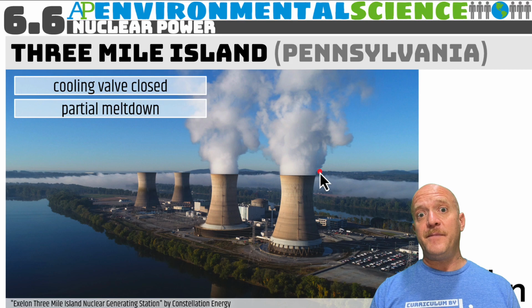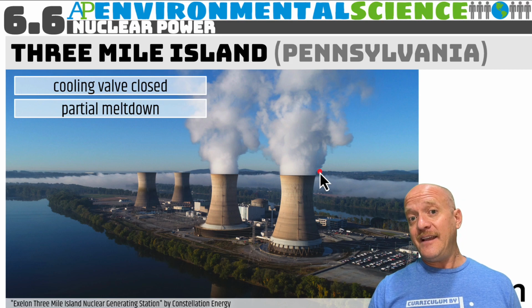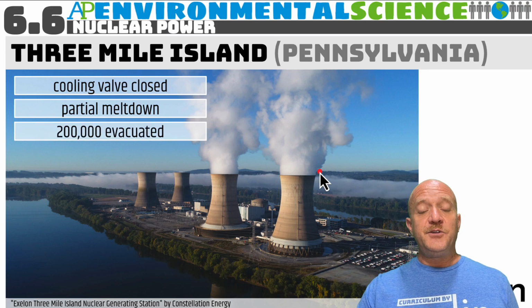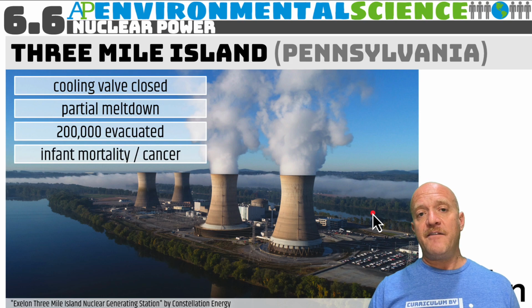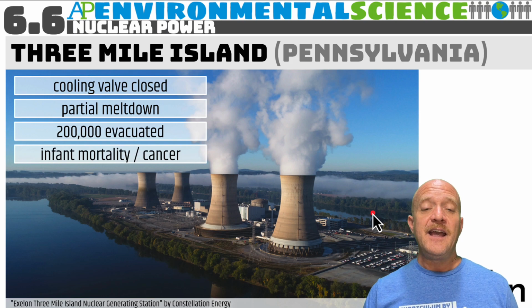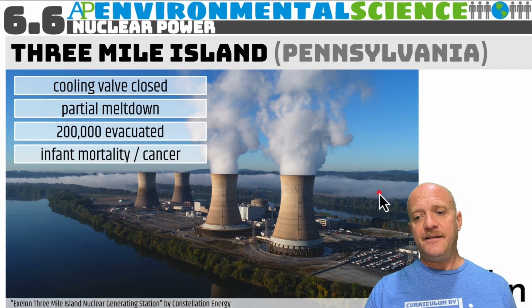So a complete meltdown would be like an explosion where radioactive particles are released into the environment. 200,000 people were evacuated from the vicinity, and there may have been higher rates of infant mortality and potential cancer rates from the radiation that escaped to the neighboring towns.